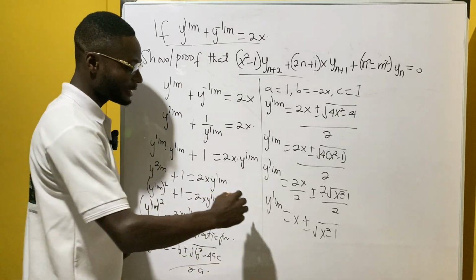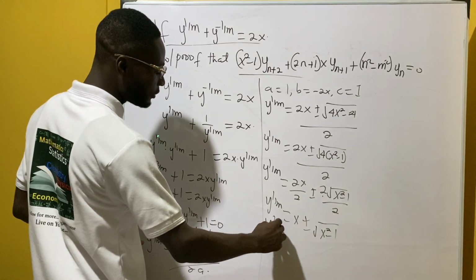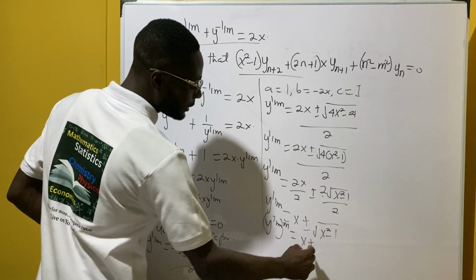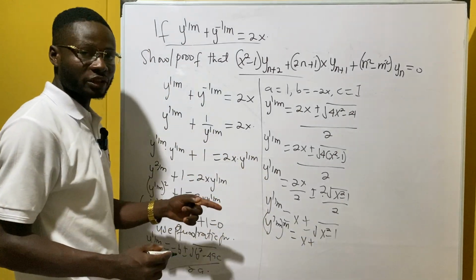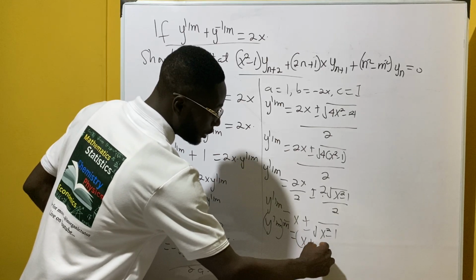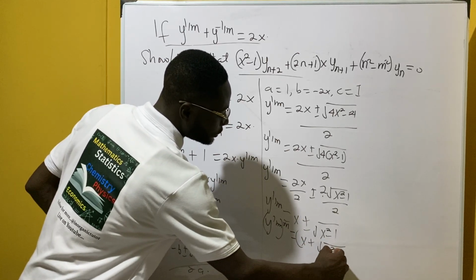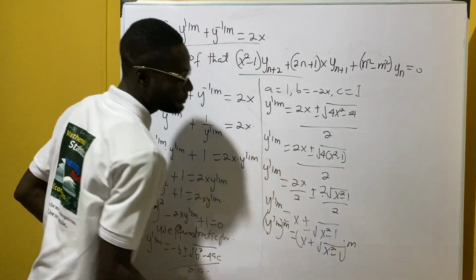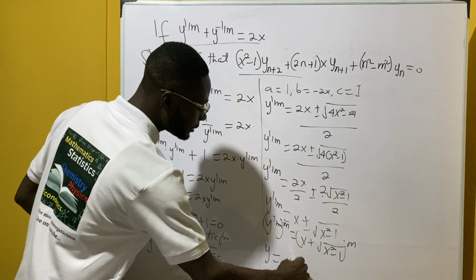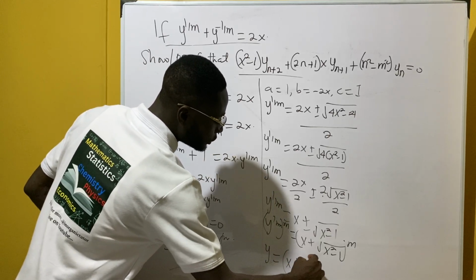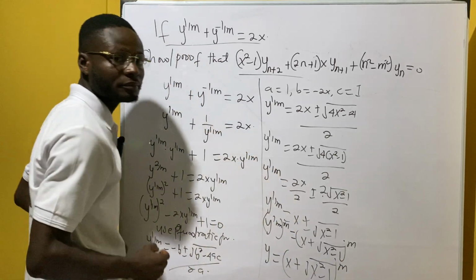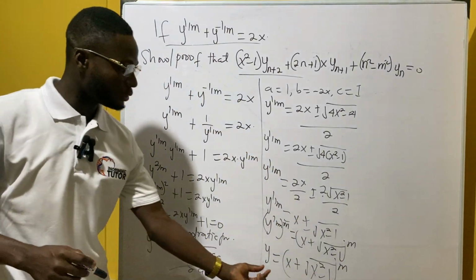So y^(1/m) equal to x, and because we are going to differentiate, let's consider only the positive aspect, so we have x plus the square root of x² − 1. So we can say y is equal to (x + √(x² − 1))^m. This is what we have right now.